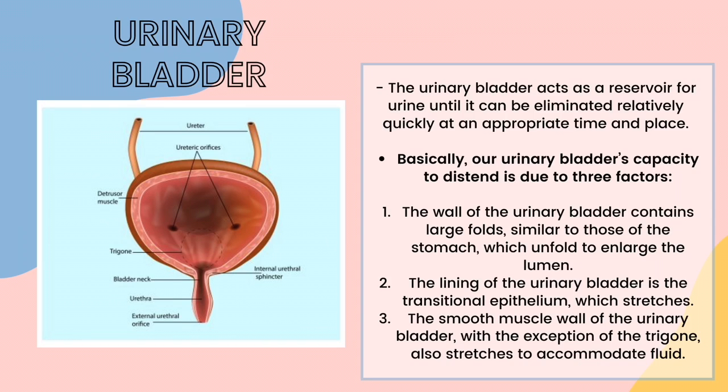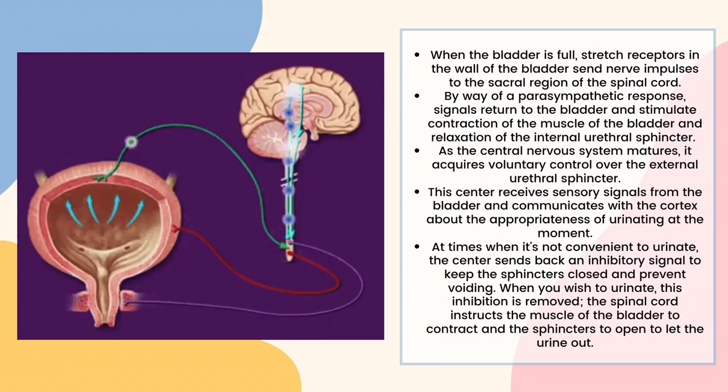And third, the smooth muscle wall of the urinary bladder, with the exception of the trigone, also stretches to accommodate fluid. So it only means that as urine enters the urinary bladder, it lifts and expands superiorly to accommodate the fluid. So now, these are the steps involved in micturition reflex.